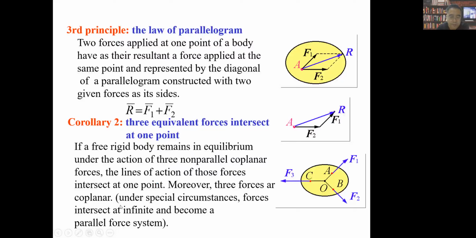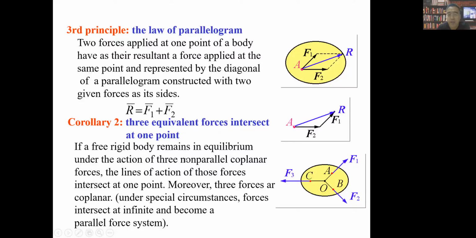So maybe we first neglect this and just focus on this one. If it is a rigid body in a state of equilibrium, and only three non-parallel coplanar forces act on this body, then these three forces must intersect at one common point. Otherwise, it cannot be in a state of equilibrium.